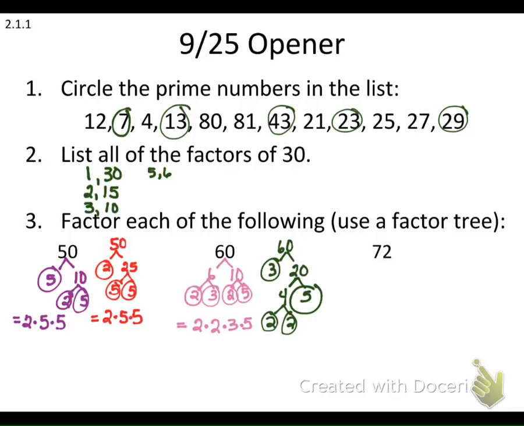All right, let's take a look at the last one here, 72. Trevon, what are my factors of 72? Hey, David, can you set your head up, please? So what are 2 factors that I could use for 72?